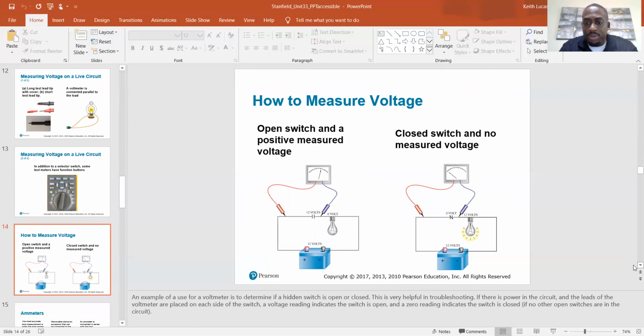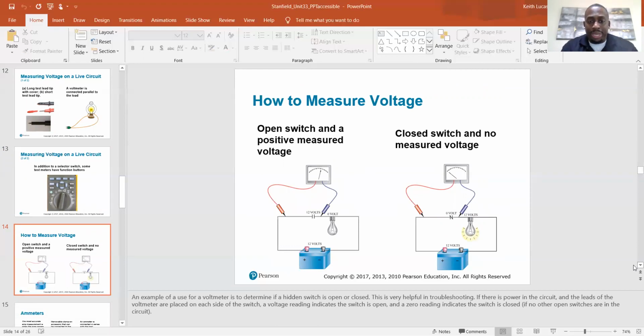This is helpful in troubleshooting. If there is power in the circuit and the leads of the voltmeter are placed on each side of the switch, a voltage reading indicates the switch is open, and a 0 reading indicates the switch is closed, if there's no other switches in the circuit.